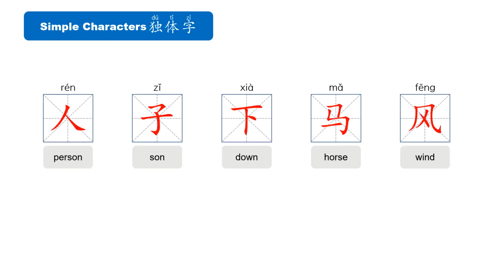The ones that cannot be divided into other characters, they are called simple characters or 独体字 in Chinese. For simple characters, strokes are their basic units directly. For example, in these characters, strokes are their basic units. They can't be divided into smaller characters.